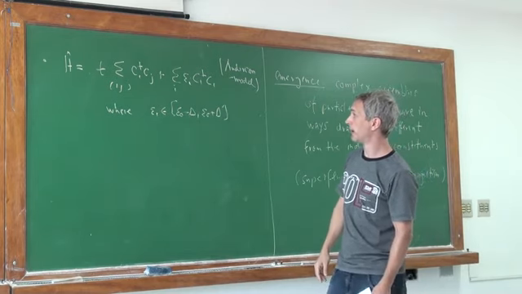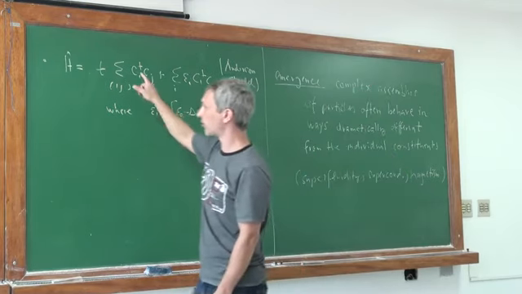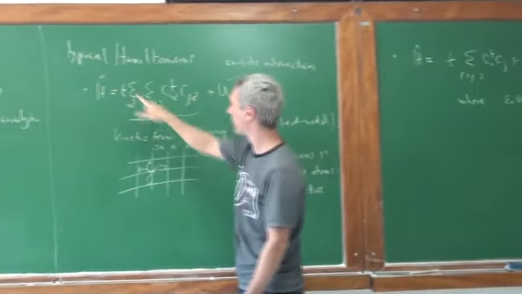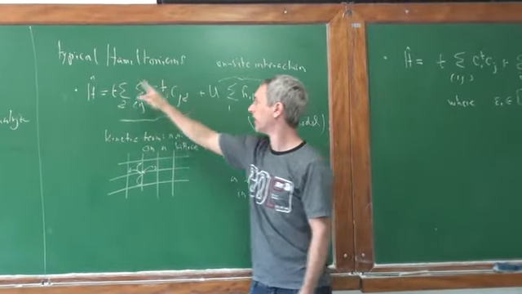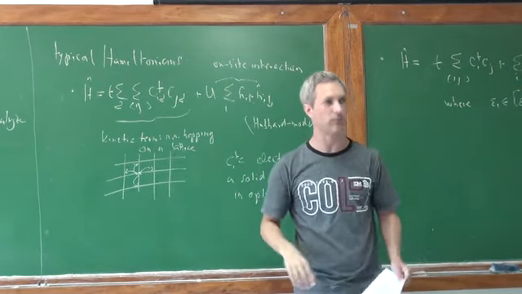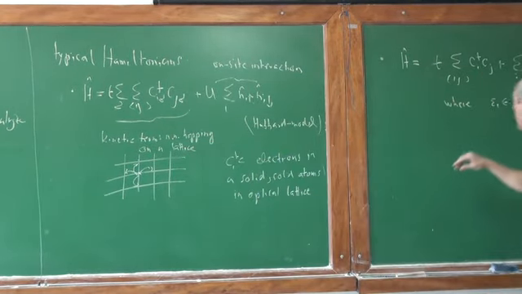Now, just maybe one comment. So I said that one hot topic at the moment is talking about just this part here, because there's some band structure of the electrons which can have some topological properties.